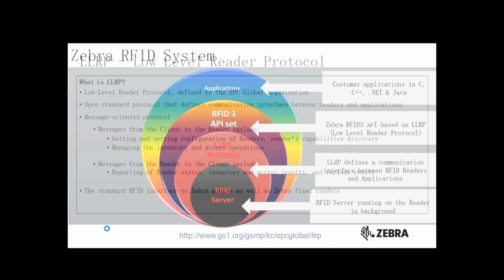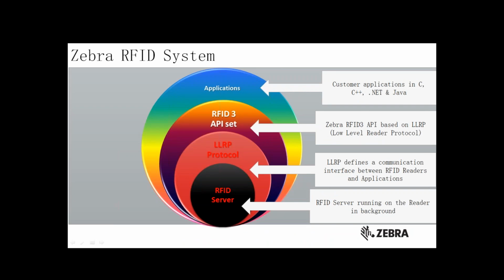So when you think of the Zebra application system, or the RFID system, at the core is the RFID server, which is running in the background. This is sitting on the reader. On top of it, you have the LLRP protocol, which we just talked about. The LLRP protocol does that communication interface between the reader as well as any of the applications. And on top of the LLRP protocol is what we have created, which is the RFID3 API set.